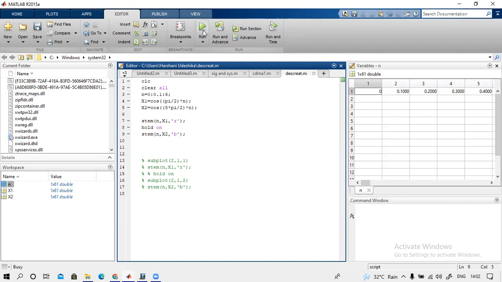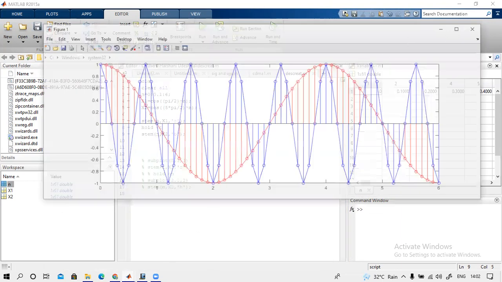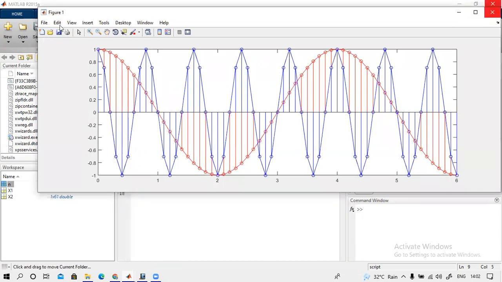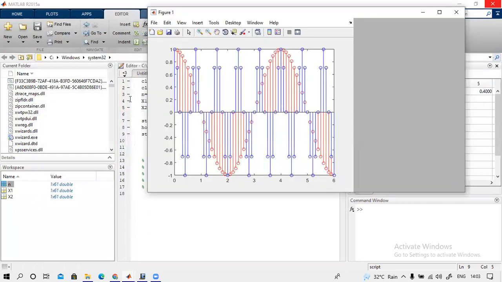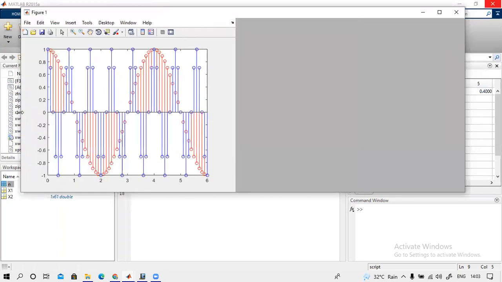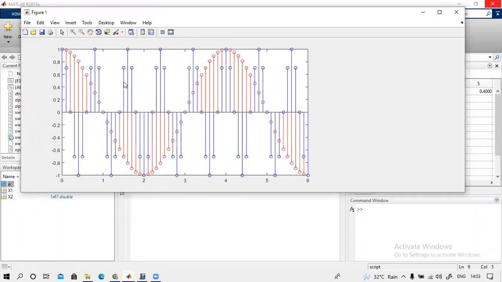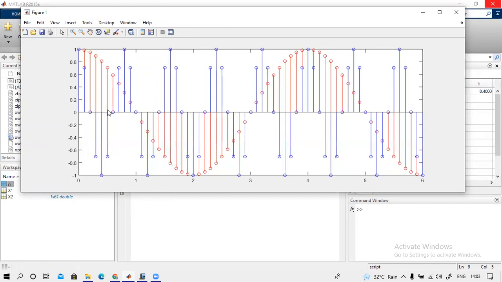So here also you will get, you can see that the red color is the low frequency signal and the blue color is the high frequency signal, and there are two signals. Here the red completes one cycle, but the blue signal completes 5 cycles: 1, 2, 3, 4, 5.